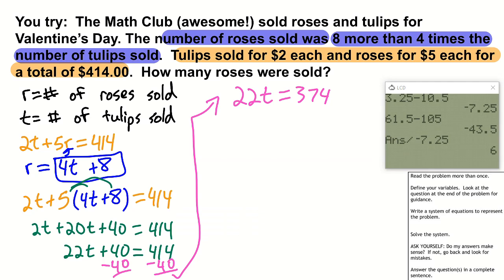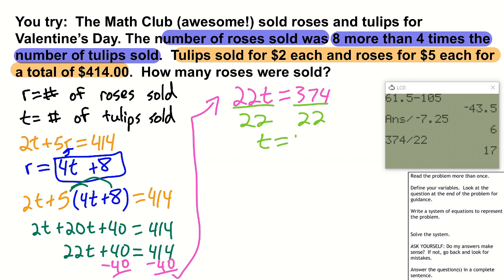So now I'm going to divide both sides by 22, and I'll get t is equal to, so 374 divided by 22 is 17. And it makes sense that it's a whole number because that's the number of tulips sold.